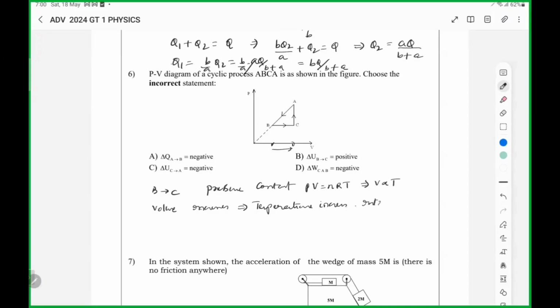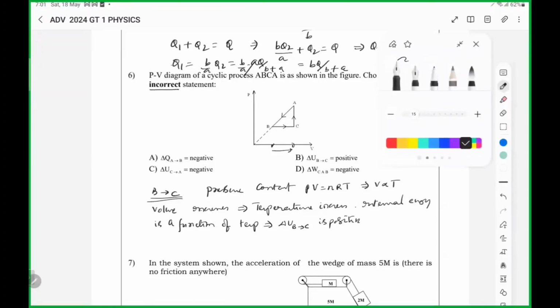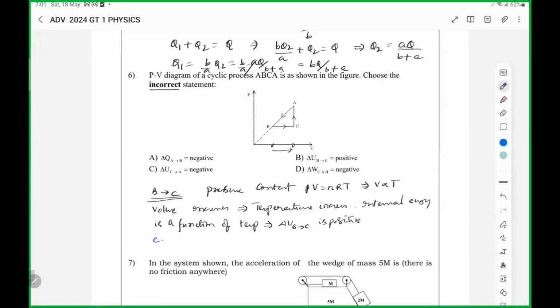Internal energy is a function of temperature, which implies delta U in B to C is positive. But he is asking for incorrect option. This is correct option. And let us take C to A. In C to A, volume is constant.